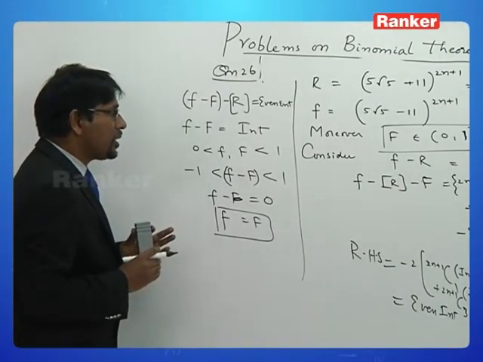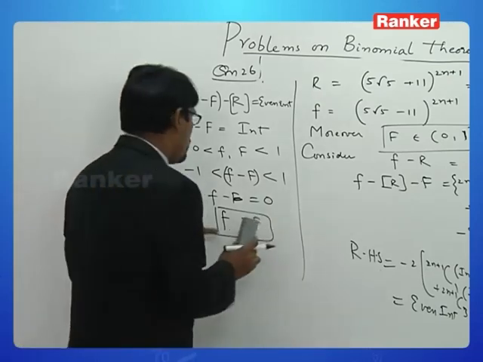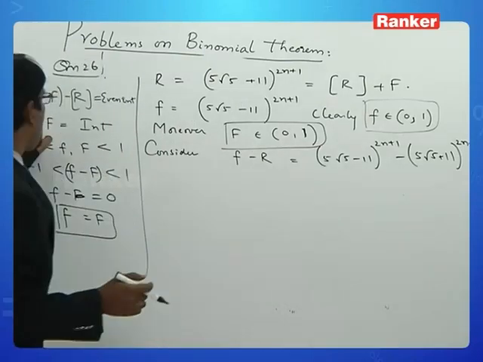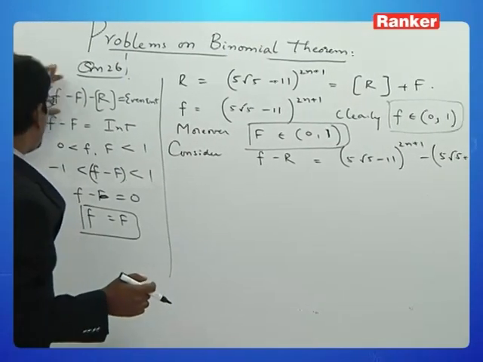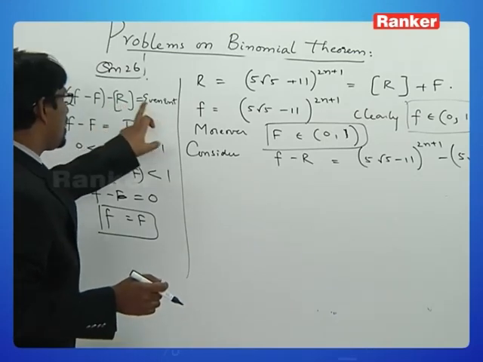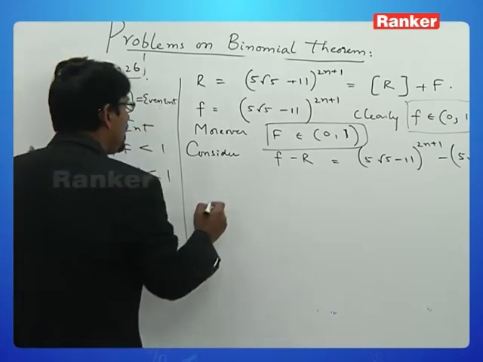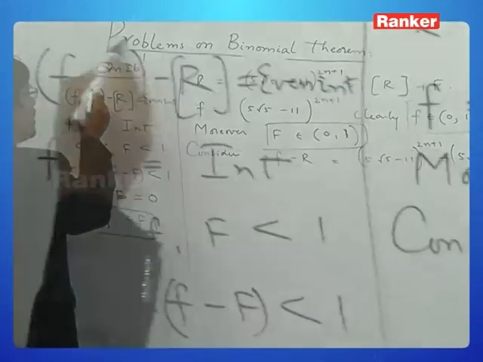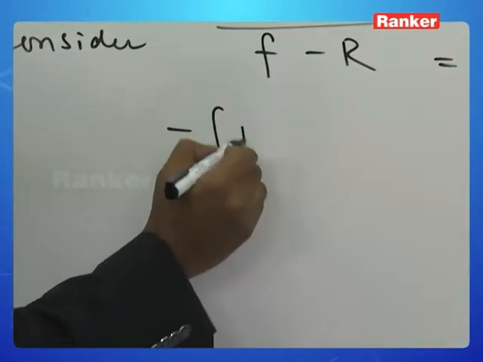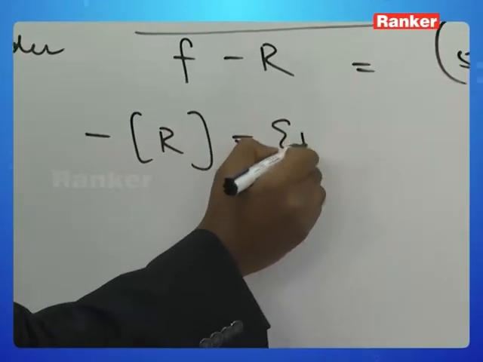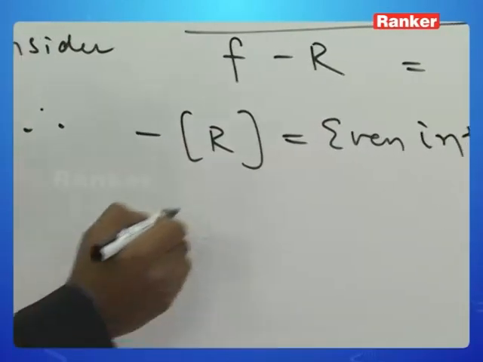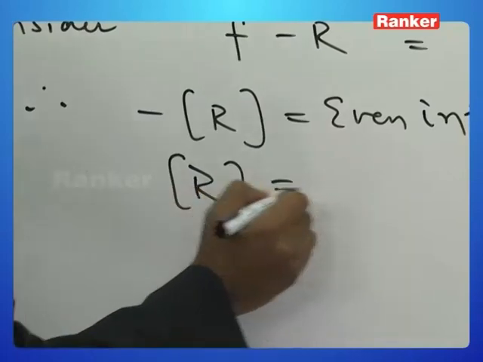This is one observation that you have made. So what is the observation we have made? F is same as capital F. So when you have f to be capital F, what do you have? F minus F is 0. So minus of bracket of R is an even integer. So clearly this being 0 here, we have minus of bracket R to be an even integer, which in turn implies that bracket of R is an even integer.